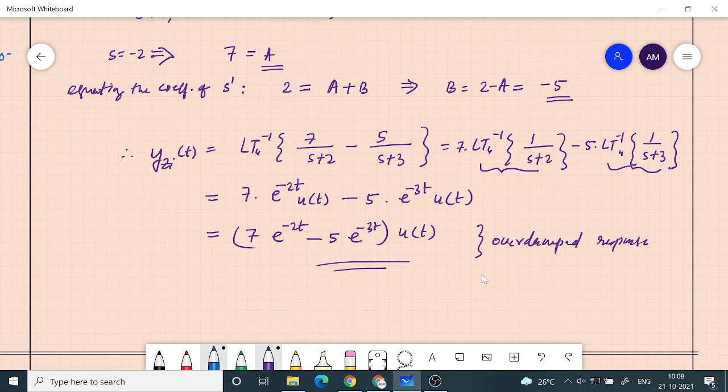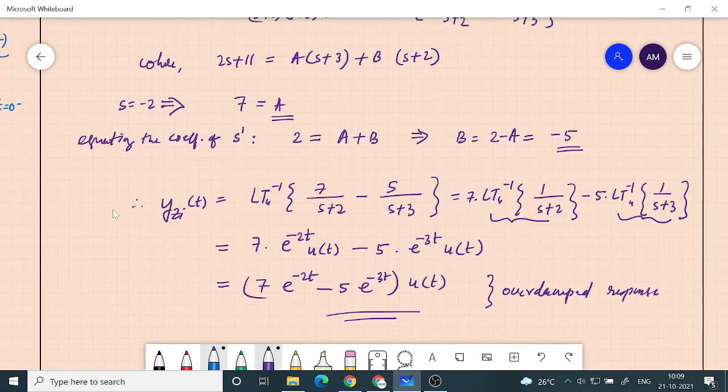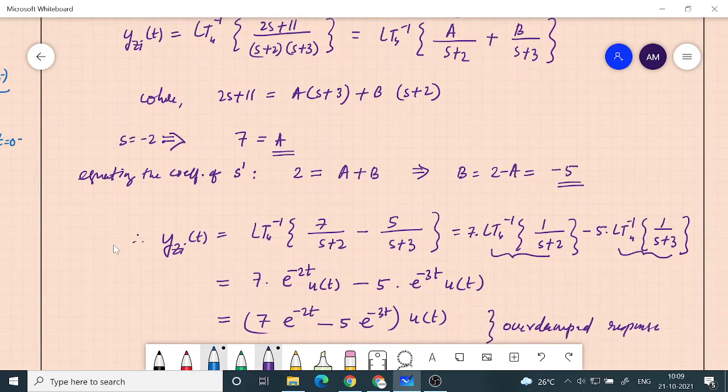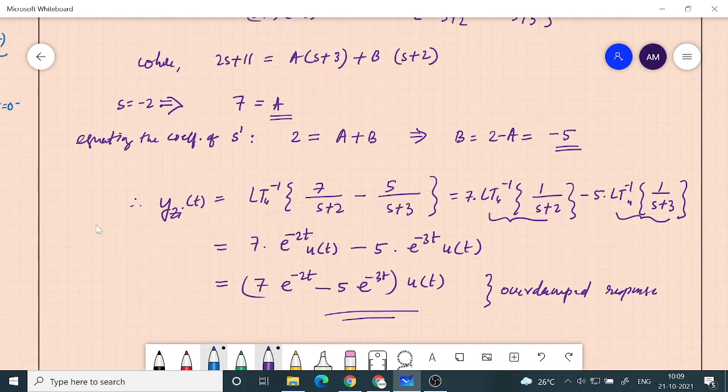Now why does the system have an overdamped response? The reason is the differential equation is such that it doesn't permit any oscillations. That means the component values representing the system, say if it is an electrical system, the values of inductor, capacitor and resistance, are such that it gives an overdamped response.